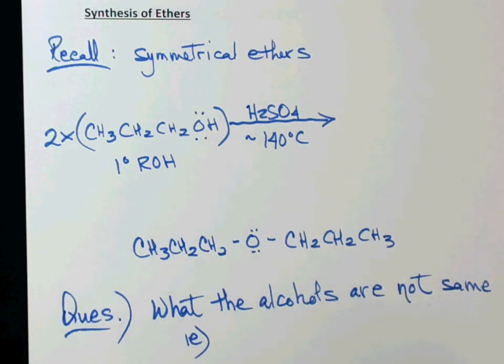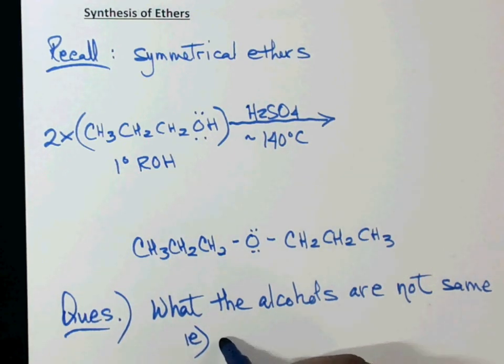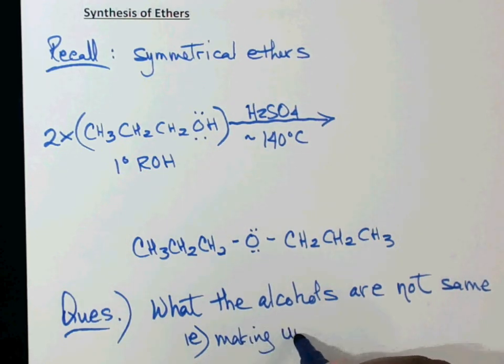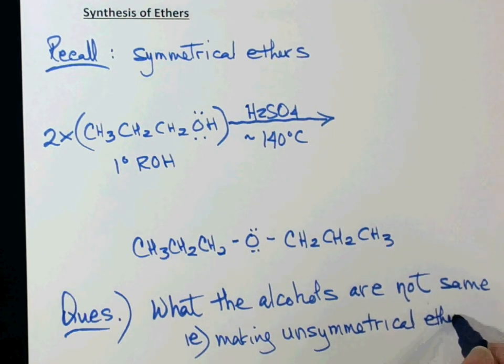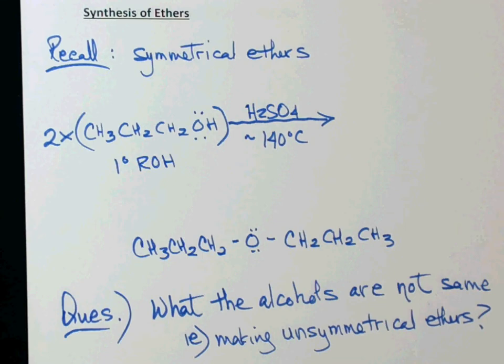I.e., we're talking about making unsymmetrical ethers. Obviously, I think it stands to reason that we have more options than to make symmetrical ethers.